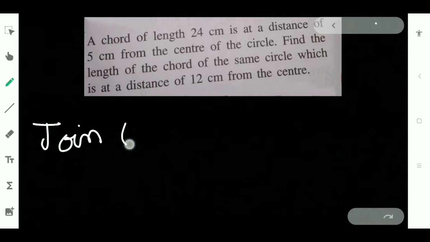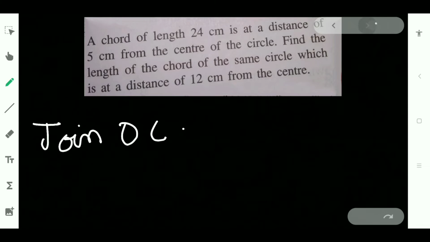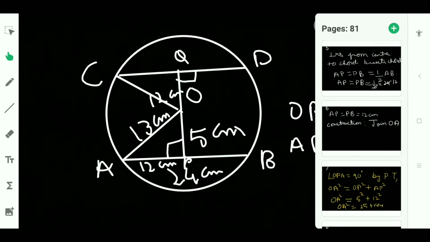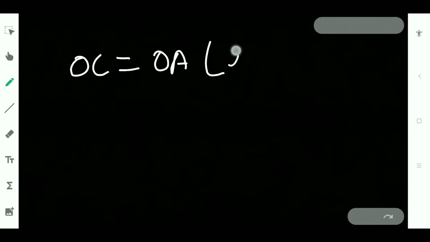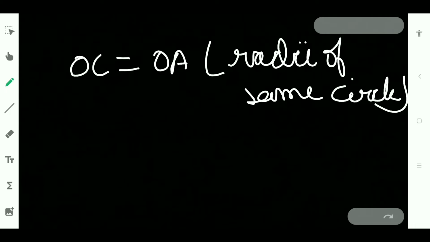Join OC. So when you join OC, this will be the radius. But you know, OC will be equal to OA. OC is equal to OA because radii of same circle. What does it mean is radii is nothing but plural form of radius.